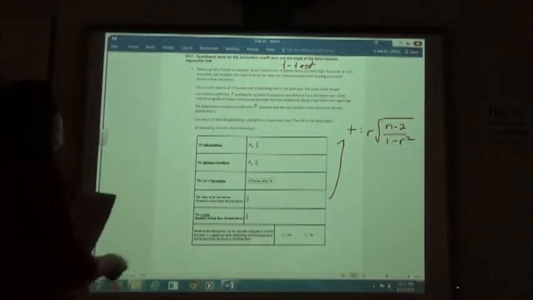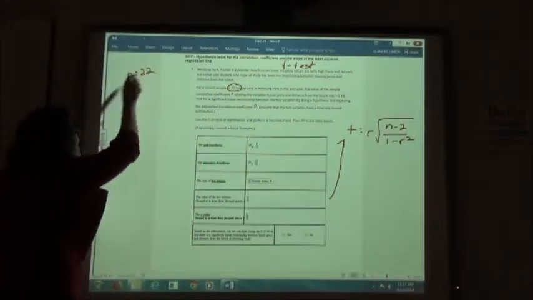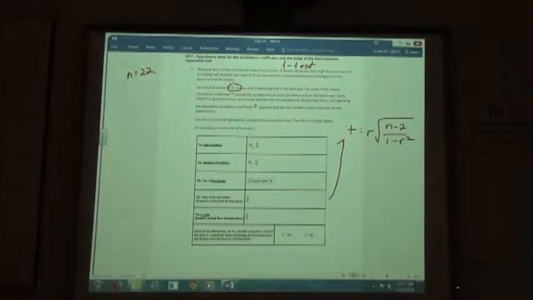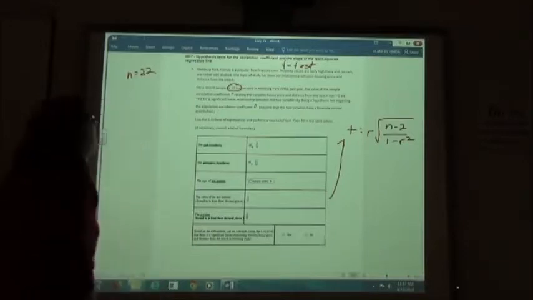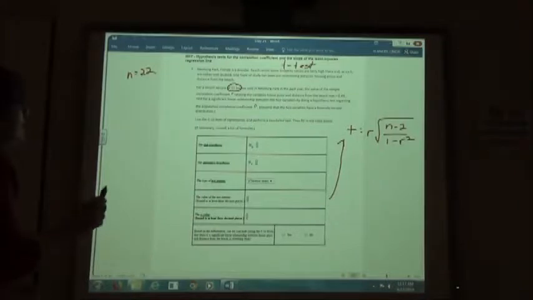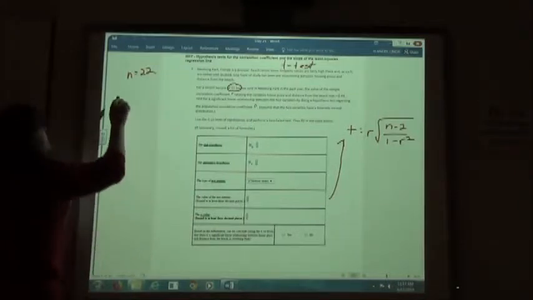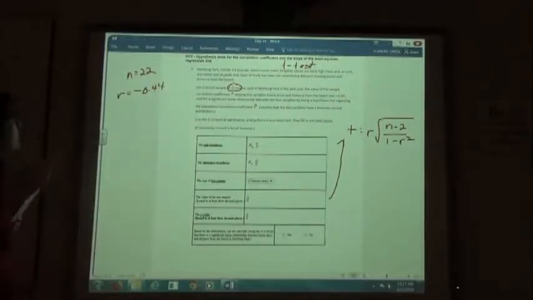For a recent sample of 22 houses sold in Newburgh Park in the past year, the value of the sample correlation coefficient r, relating house price and distance from the beach, was negative 0.44. So they tell us r is negative 0.44.